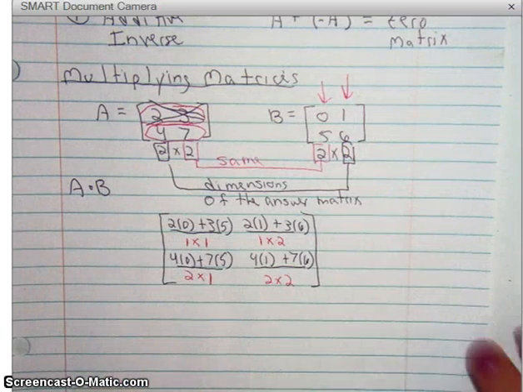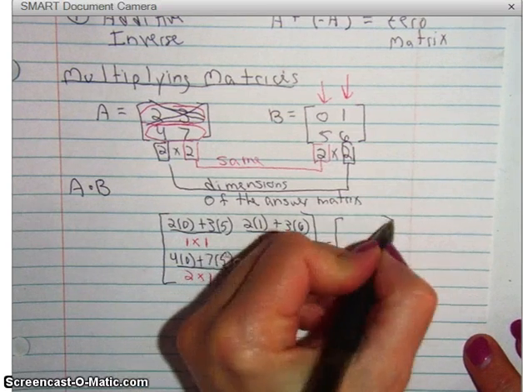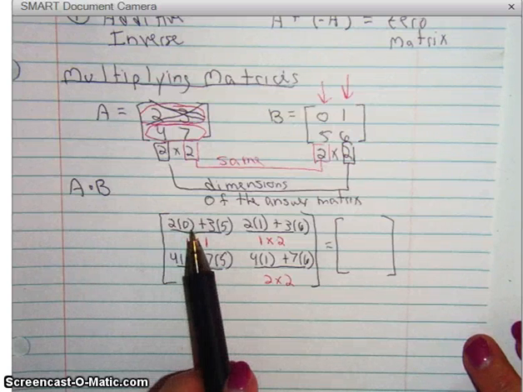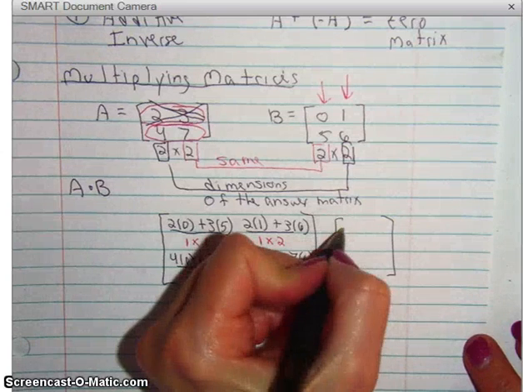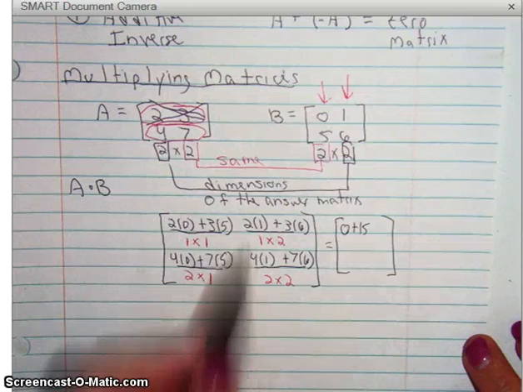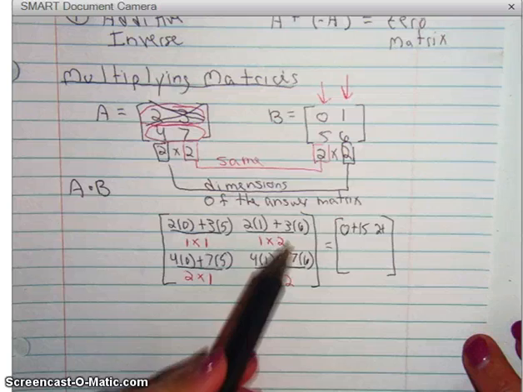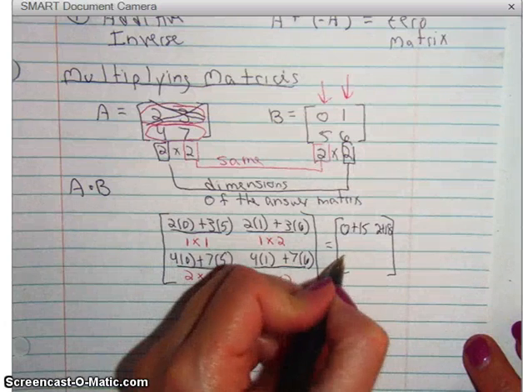Okay. All right. Then I'm going to go this way. Now we can just do the math. 2 times 0 is 0. 3 times 5 is 15. So 0 plus 15. Next one is 2 times 1 is 2. Plus 3 times 6 is 18. 4 times 0 is 0.